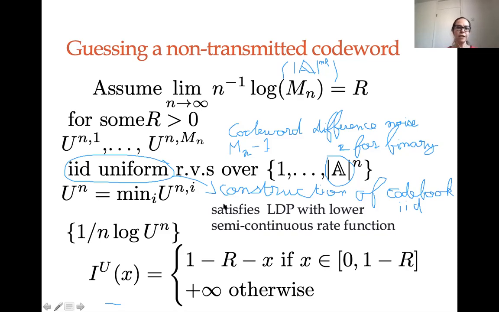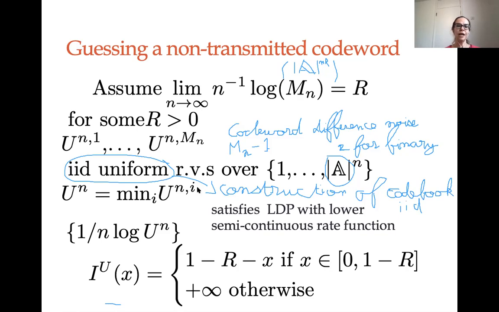Now, of all the possible code word difference noises that could be guessed, which one do I need to worry about? I only need to worry about the one that would be guessed first.